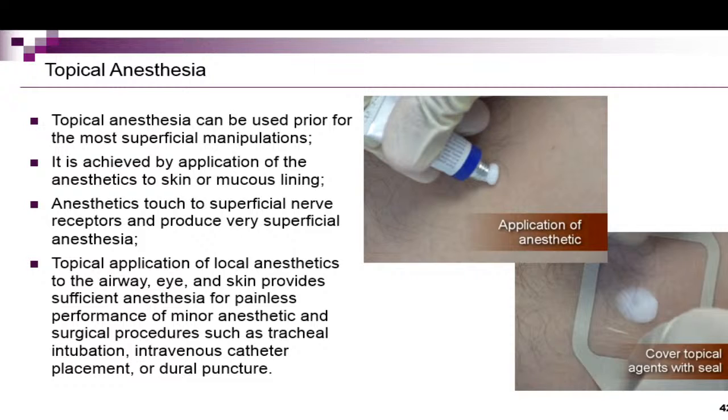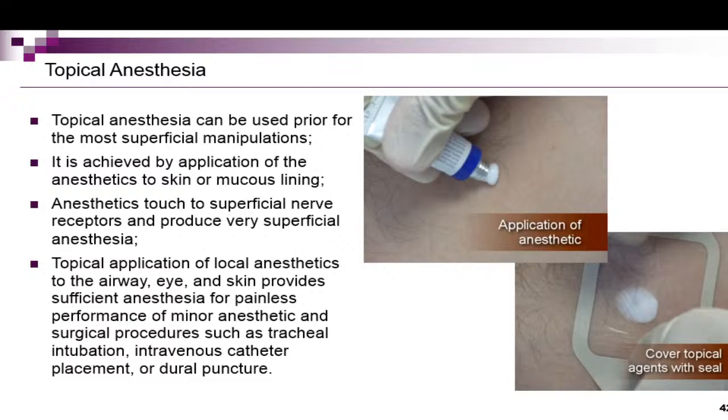Characteristics of the methods of anesthesia. Topical anesthesia can be used prior to the most superficial manipulations. It is achieved by application of the anesthetics to skin or mucous lining. Anesthetics touch superficial nerve receptors and produce very superficial anesthesia, skin anesthesia or mucous anesthesia.